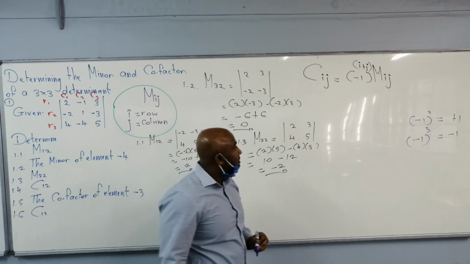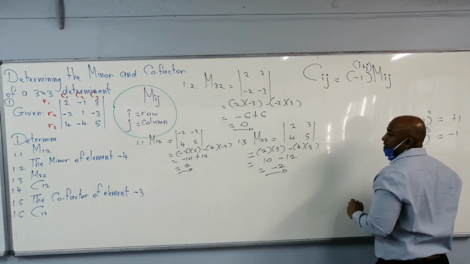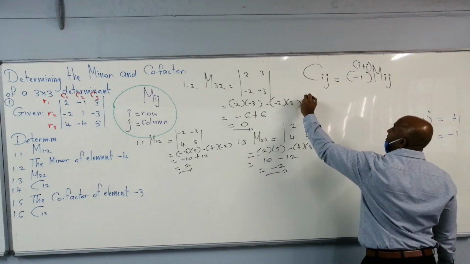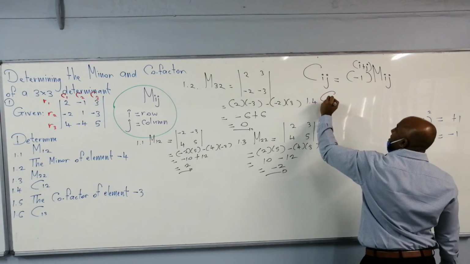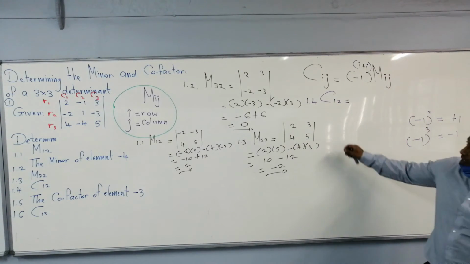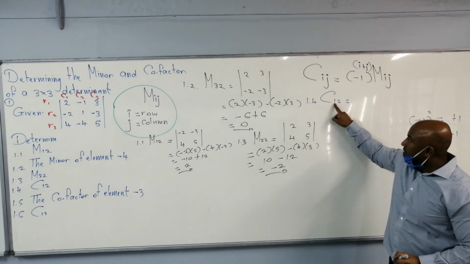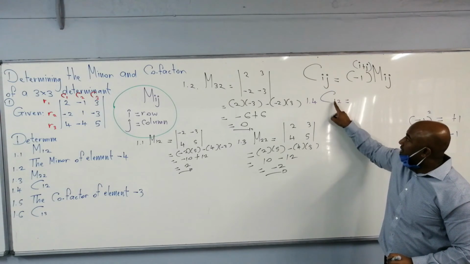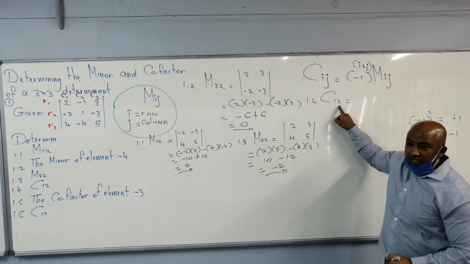Right, so let's do this one here. C12. So what does that mean now? It's row 1, column 2, that means i is 1, j is 2.